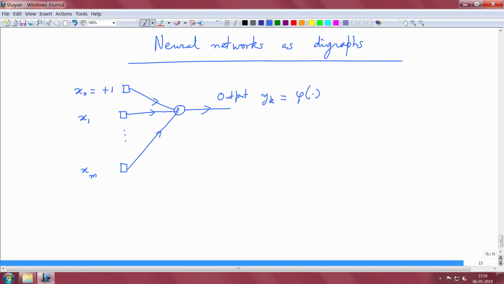Through the activation function. So, what is important here is to see that there are directed edges from the source to the destination, right, and that is why it is thought about as a digraph.